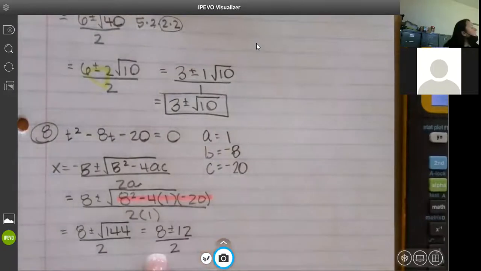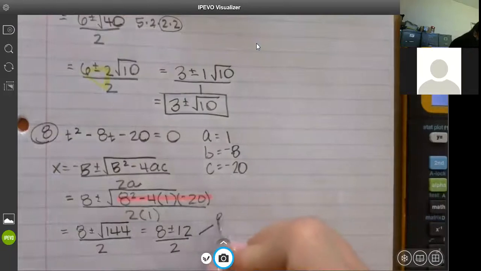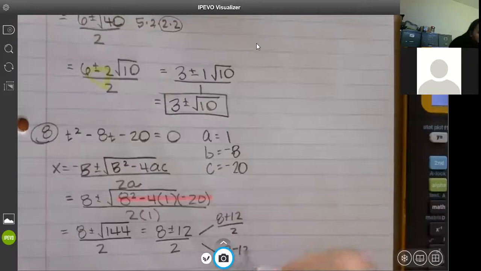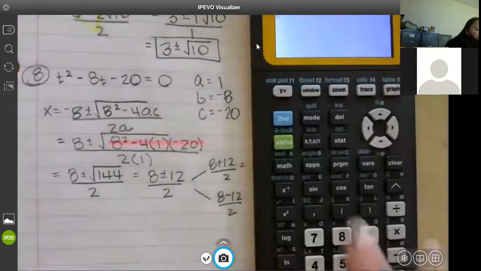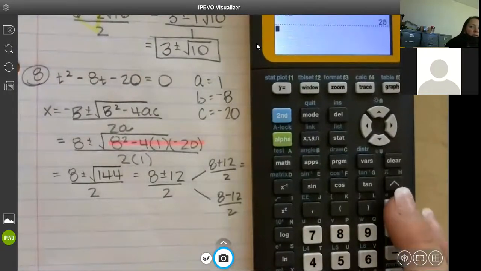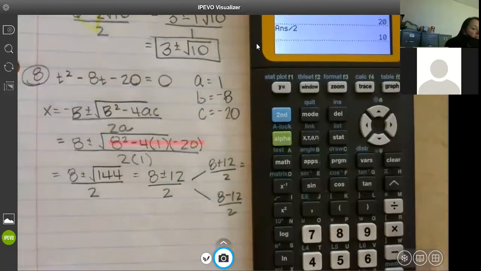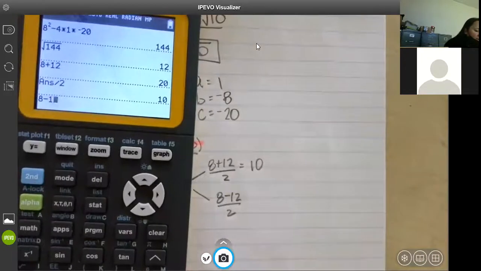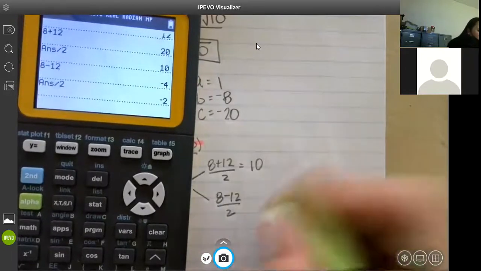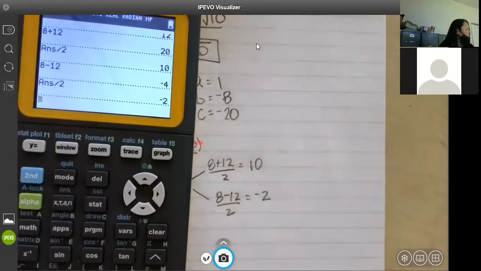And remember, just like on the other one, I'm going to split it into 2 equations. So I'm going to have 8 plus 12 over 2 and 8 minus 12 over 2. You can put that straight in your calculator if you want to. 8 plus 12 is 20. Divided by 2 is 10. So this gives you 10. The other one, 8 minus 12 divided by 2 gives you -2. So there's your 2 answers for that one.